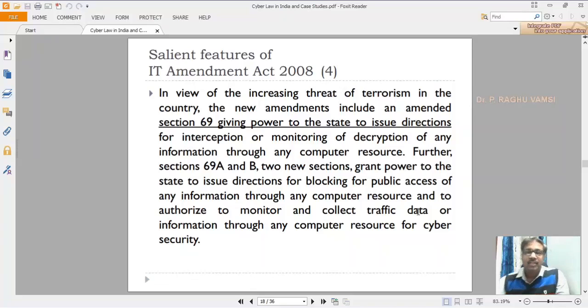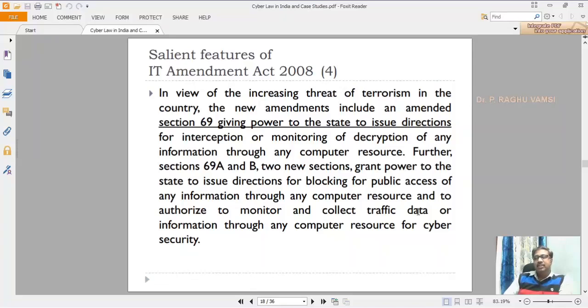So earlier, the center, that is, the central government, used to control these things. Then in the IT Act 2008, Section 69 was added to delegate these powers to the state governments.